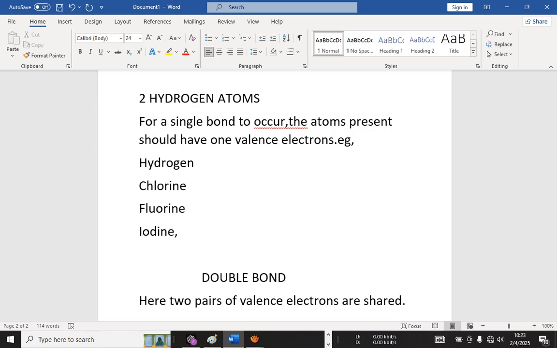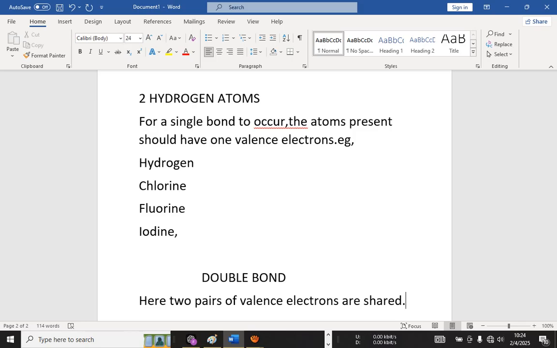So here what you should know is that the atoms that are going to be used will share two pairs of electrons. Those electrons are the ones that will form the covalent bond, or that will be shared among the two atoms present. In the single bond we looked at only one pair that will be shared.